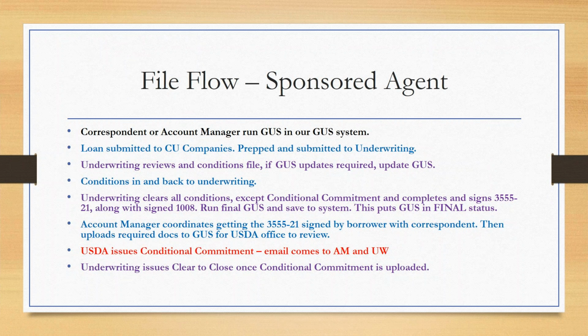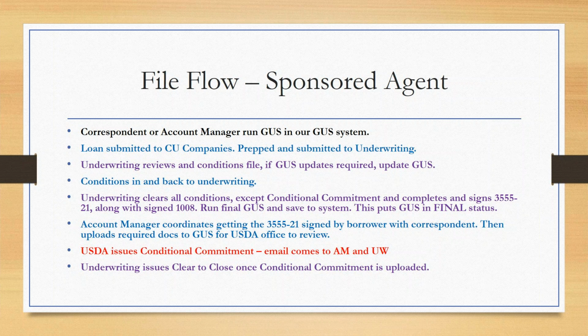Okay, so if you're a sponsored agent, you don't have that communication piece with the USDA. So in the beginning, your account manager can run GUS for you, but we'd like you to be set up to run GUS. You'll have to do the GUS training and then certify that you did the training, and we'll send it in to our compliance department and get you set up in GUS.